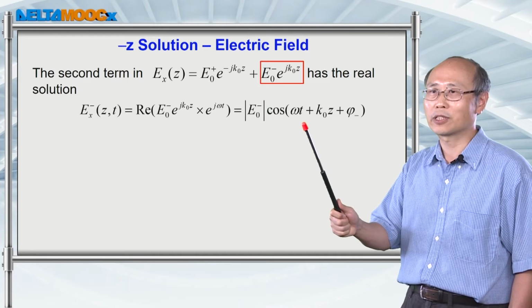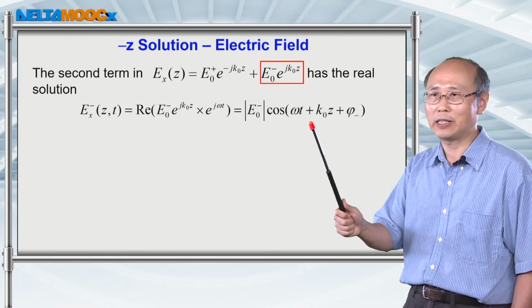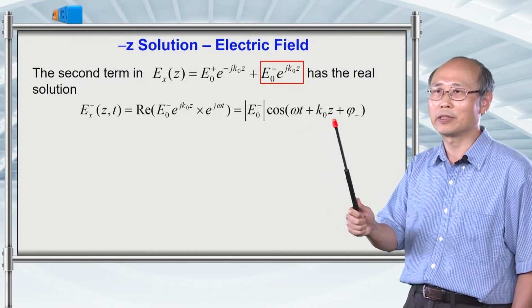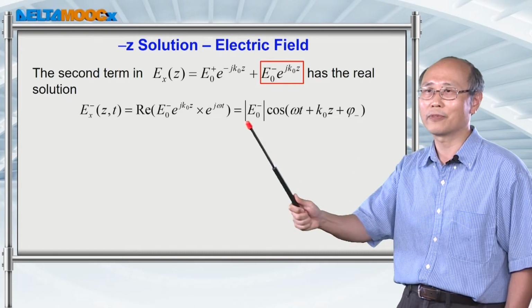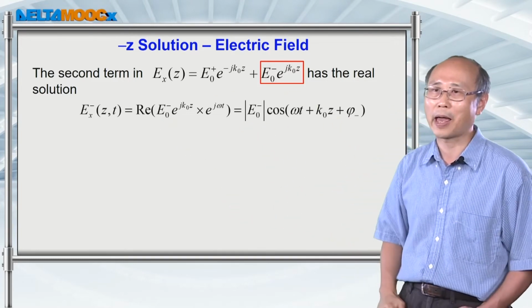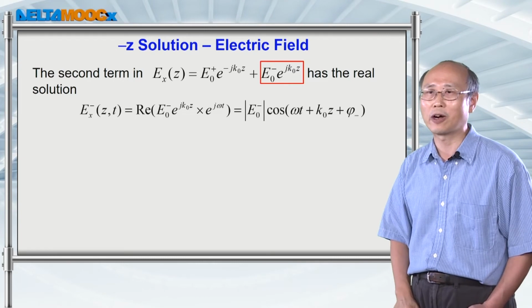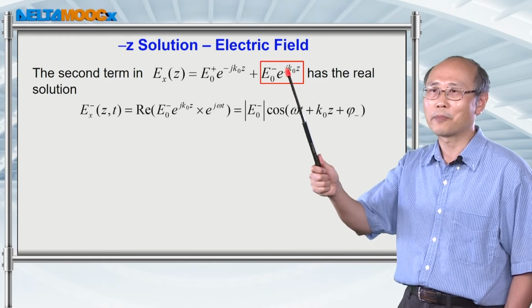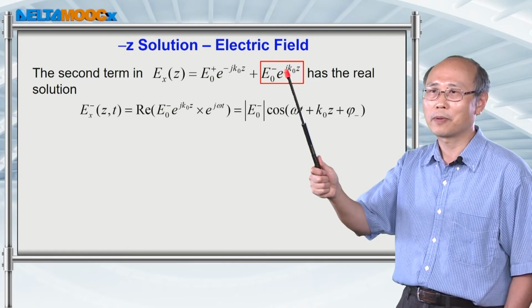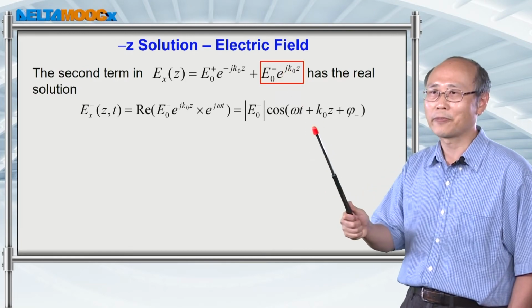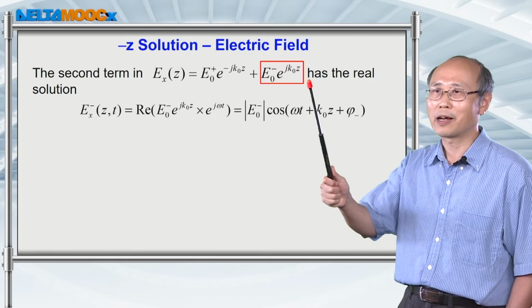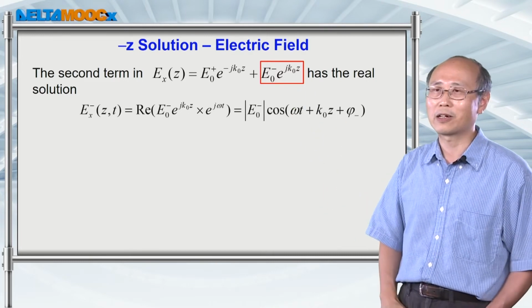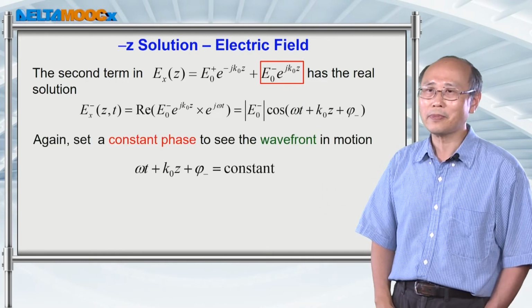Inside this cosine function, you have omega t plus k0z plus the phase of the complex amplitude of the electric field. And be careful that you have a plus sign here, and these two plus signs are consistent with each other.